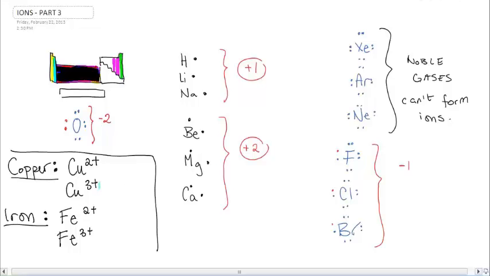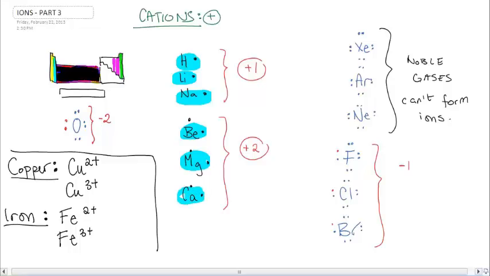So there's one last important concept to talk about today, and that's the distinction between cations and anions, which I think I've mentioned before. So cations are ions with a positive charge. So I'm going to highlight in blue all of the positive ions, or all of the different elements that would form cations. Now, what do all of these atoms have in common other than the fact that they form cations, they form positive ions?